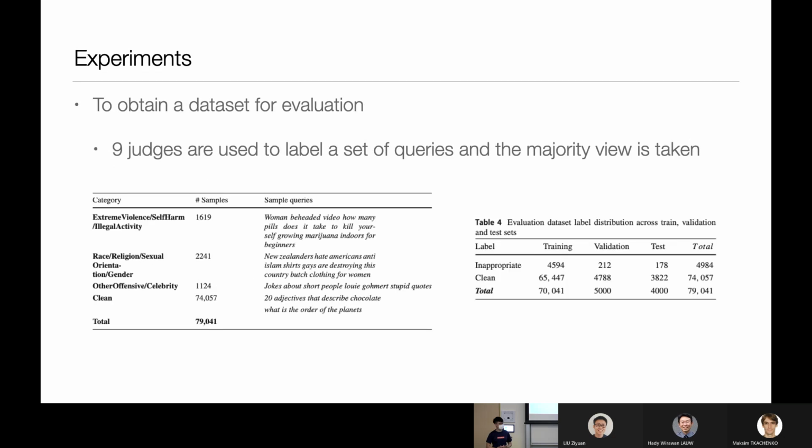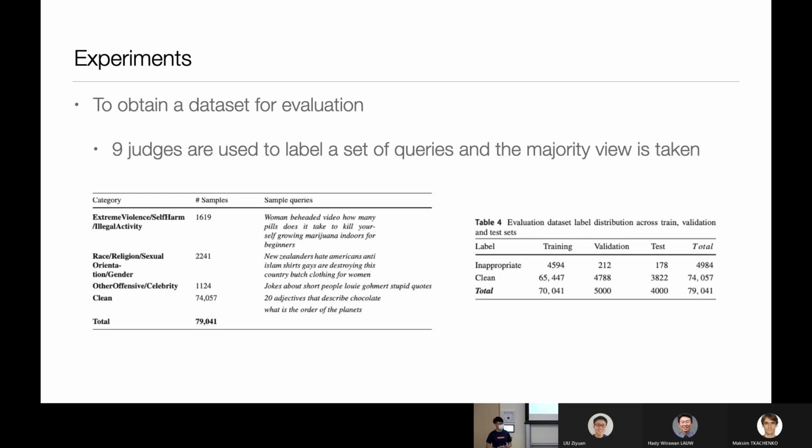So for the experiments, now that we've covered all the algorithms, we need an evaluation data set. To obtain this data set, the authors used 9 judges to judge a set of web queries, and the final majority view is taken.